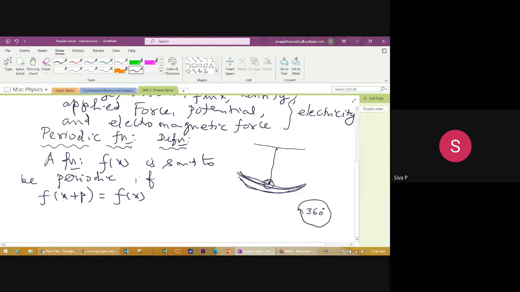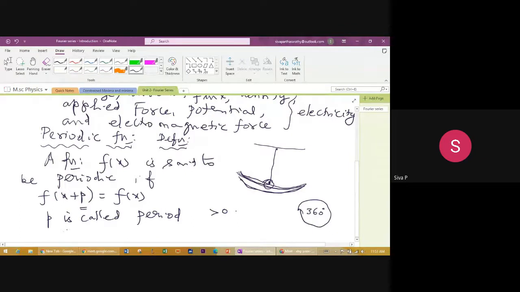So if it is true, that means f of x plus p equals f of x, where p is called the period. It is one positive number. P is that positive number. And one more thing, it is the smallest value of p.